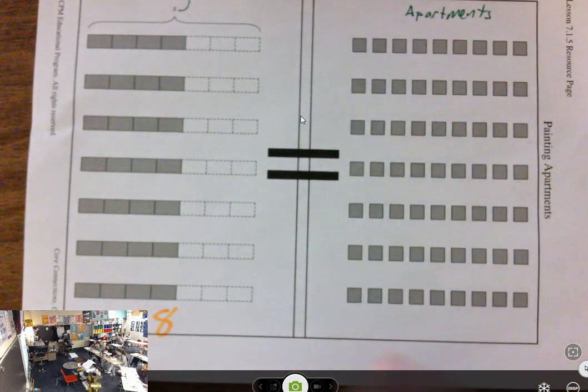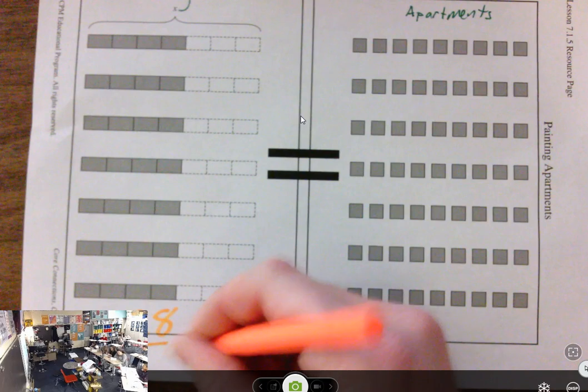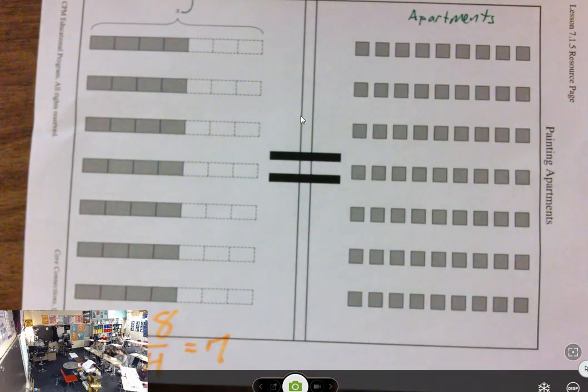But how many shaded squares do I actually want? How many sevenths does it take to make a whole? 7. So that's why I then have to get to 7 somehow. How do I get to only 7 shaded squares? We divide by 4. And I do Patrick's process in exactly the opposite order.